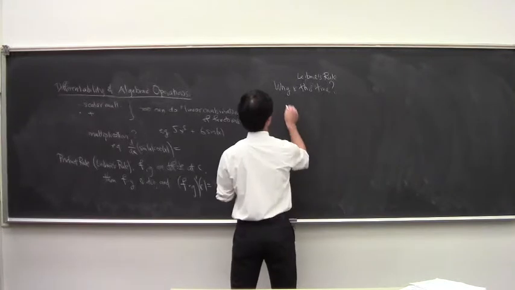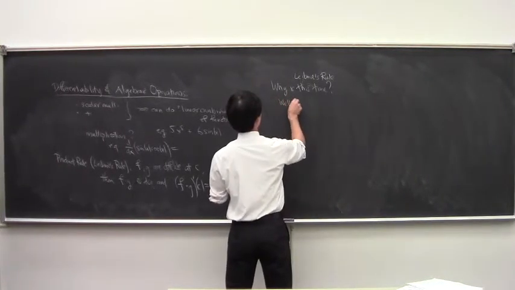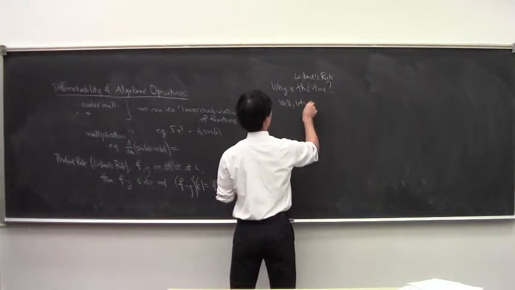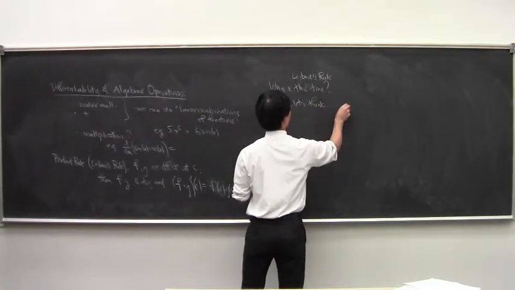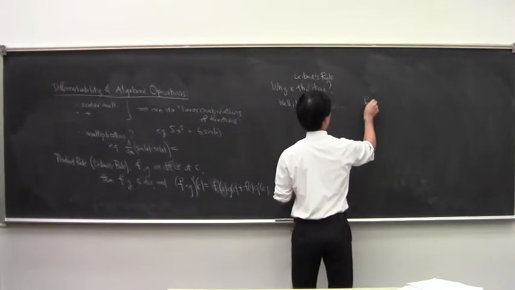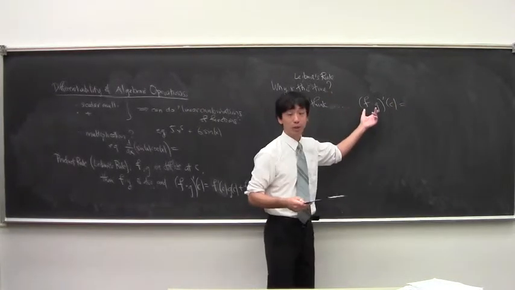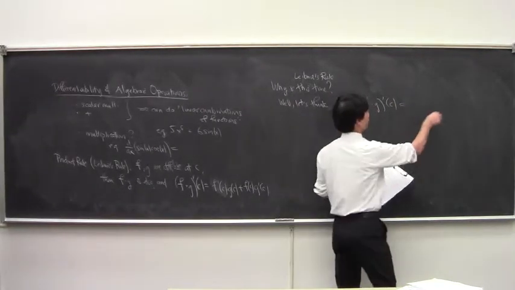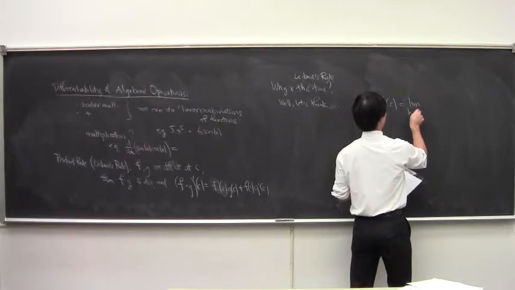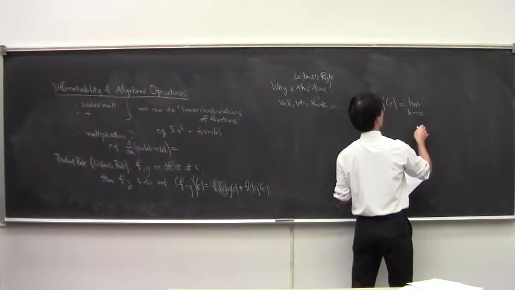So, let's think. If I look at the derivative of this product, what do I write on the right hand side? The limit as h goes to 0 of what?